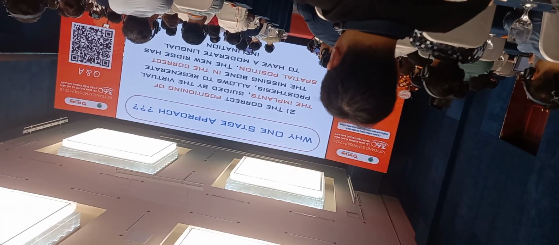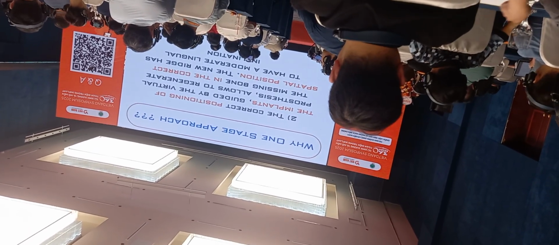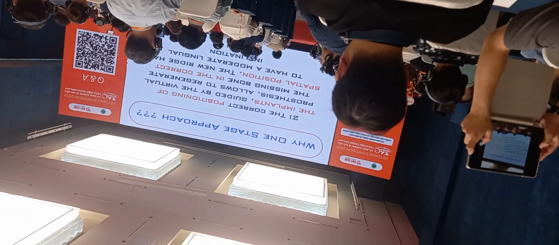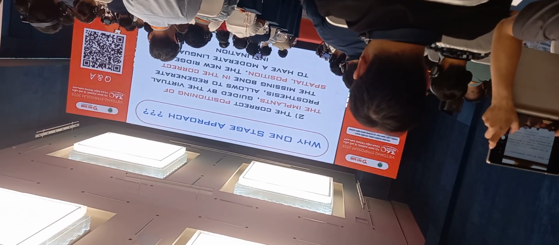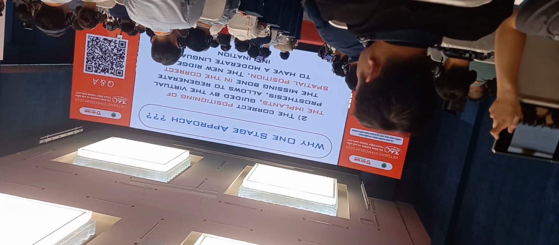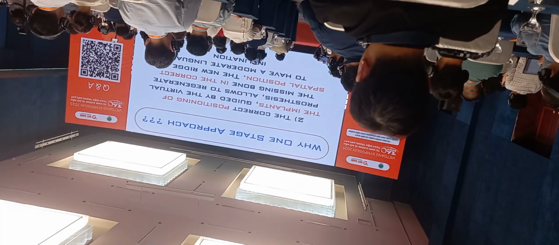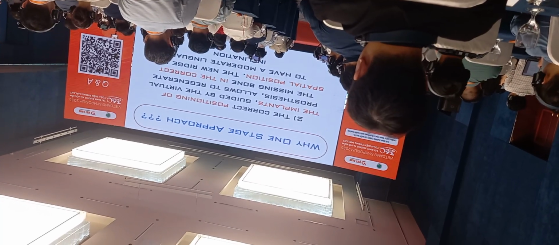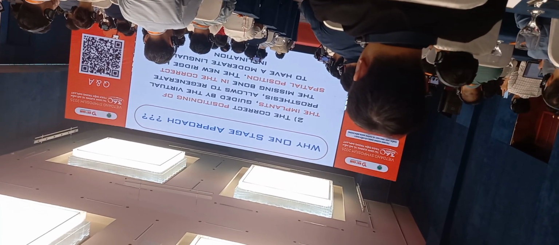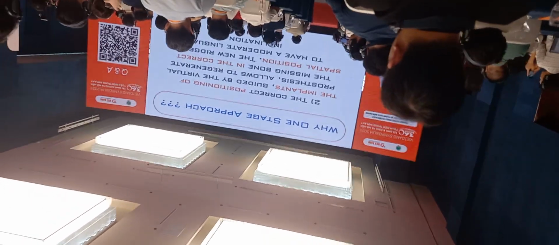Naturally, the project of the implants has been done with the virtual prosthesis. It means that I planned the prosthesis in antagonist with the upper jaw. I place the virtual implants in relationship with the prosthesis, and then with the surgical guide, I place the implants in the ideal and correct position.